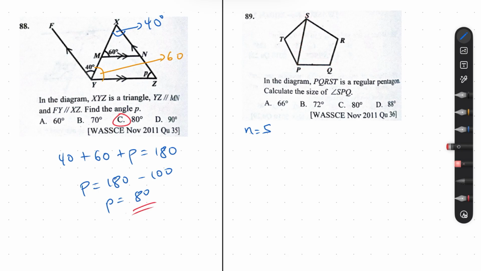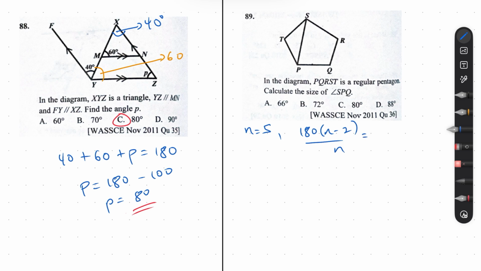Okay? Now, before we find this weird angle, let's find the interior angle of this regular polygon. Since this is a regular polygon, all the angles will be the same. And we know the formula, right? The formula is 180(n minus 2) all over n. But here we know that n is equal to 5.